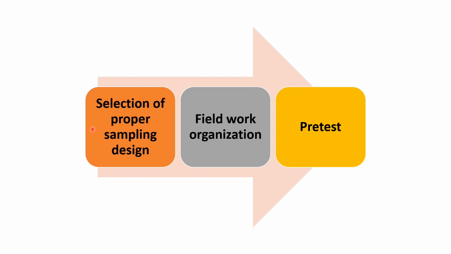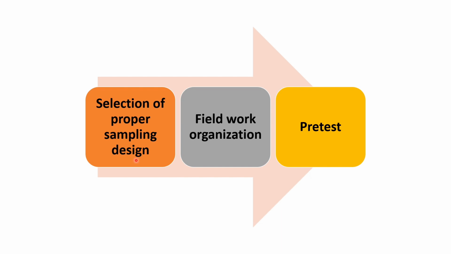So for the success of your analysis, in order to say that your analysis is correct and accurate, you need to select the sample properly. So for that we have selection of proper sampling design. According to your analysis, you need to select the proper sampling design. There are different types in it.